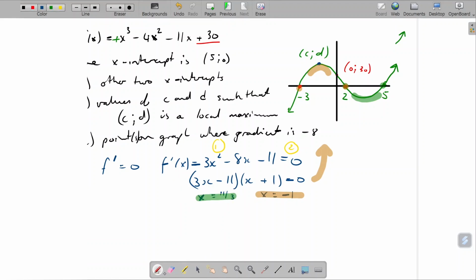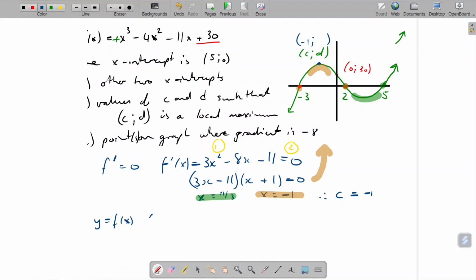So what we realize now, hopefully, is that therefore c equals minus 1, and d is the y value. So the y value is y equals f of x.